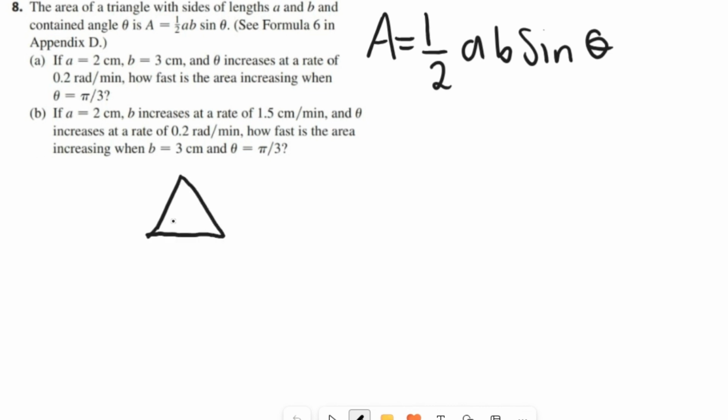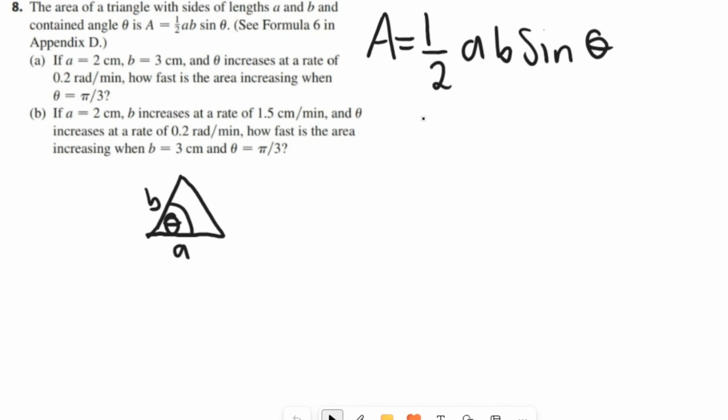This triangle has angle theta there, and sides A and B. Its area is given by this formula. Theta must be between A and B, and that's when you will use this formula.